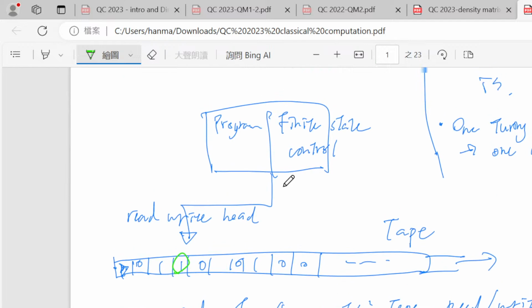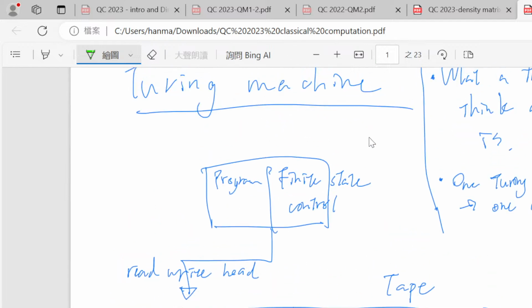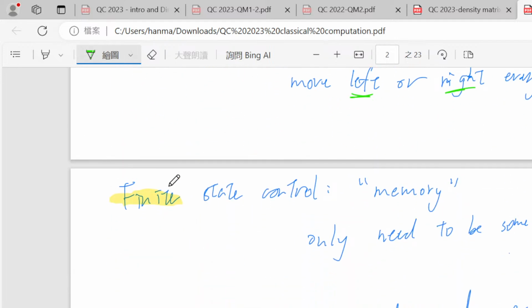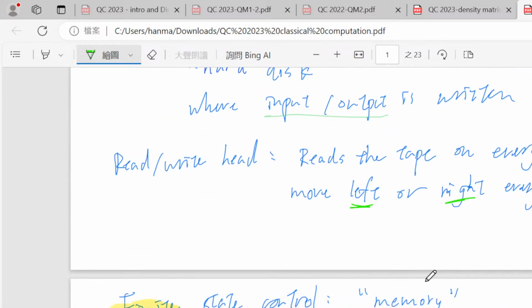So it is some memory, and usually they are labeled as Q. So you have like Q0, Q1, Q2, and maybe Q10. So your program can kind of remember that I am in this state or this state, etc. And more complicated programs usually will have more finite states here.